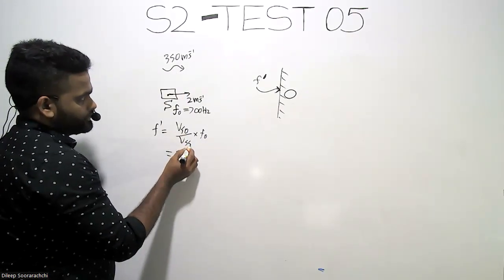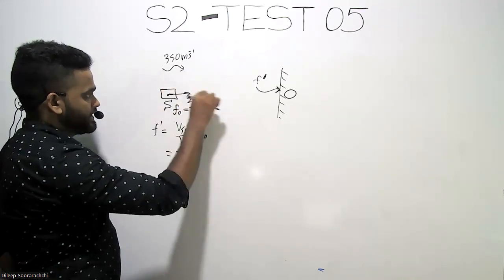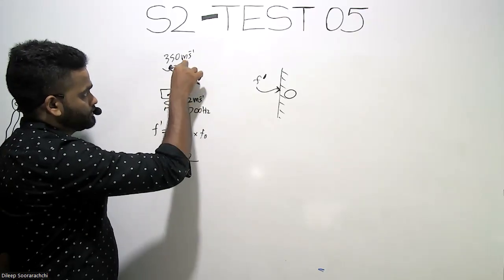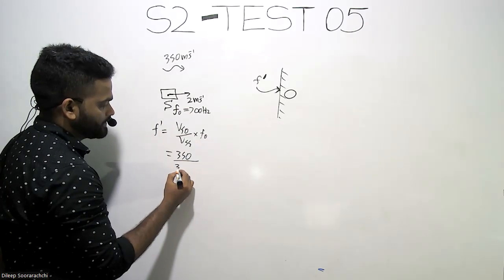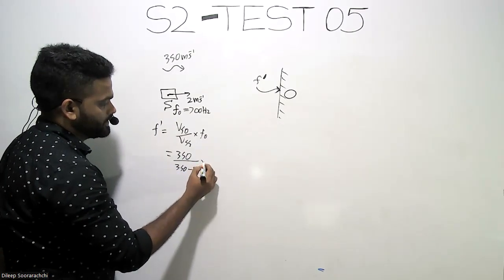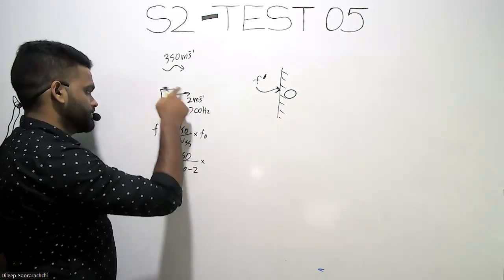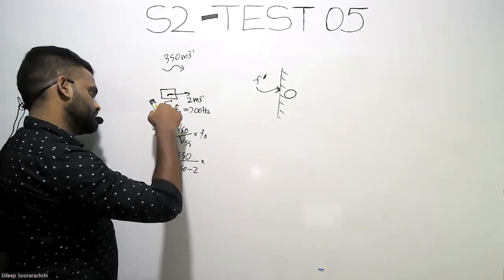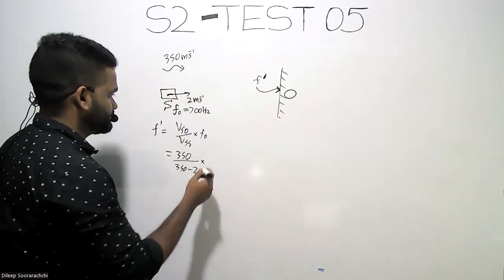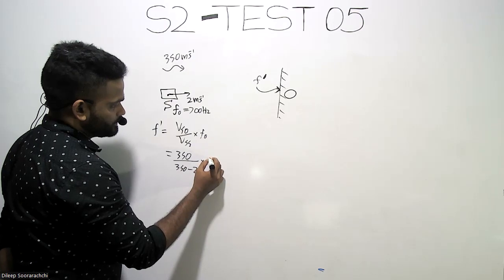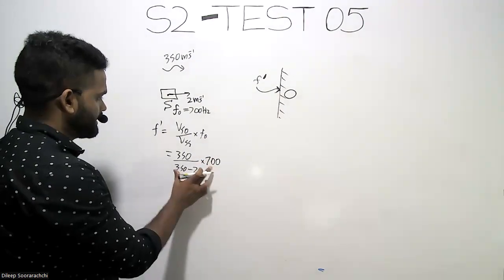The sound velocity relative to the source: the source and the sound are moving in the same direction, so the relative velocity should be the difference. So it's going to be 350 minus 2, times f naught, the actual frequency of the sound wave. I'll put it as 700. Okay, so this is f dash.